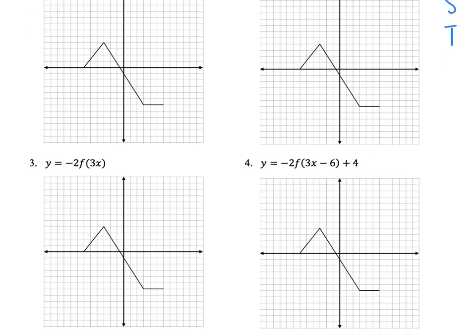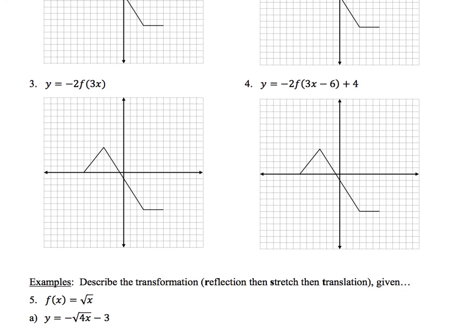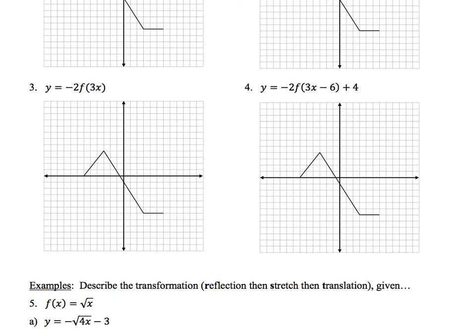Looking down to question number 3, again think alphabetical order, so we'll do the reflection first, and once you've done the reflection, then you can do the stretches. As you look at question number 4, notice we'll have the same reflection and stretch vertically, and we have the same stretch horizontally because of that 3 times x.